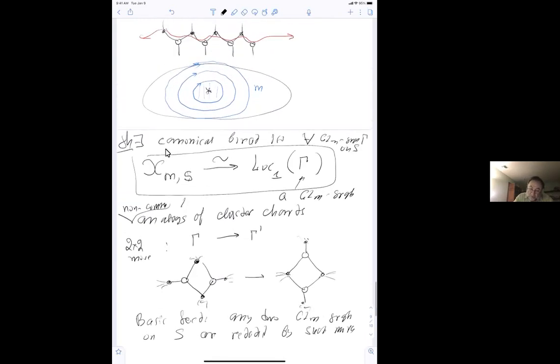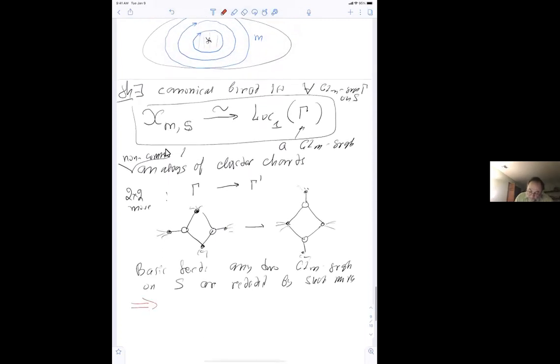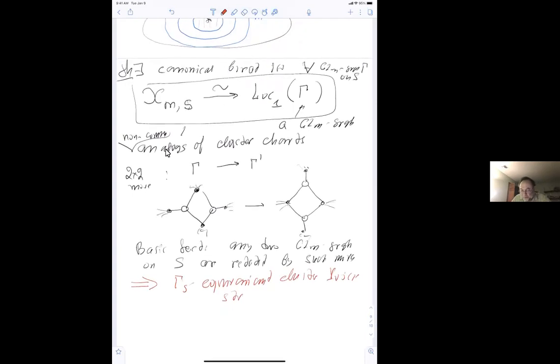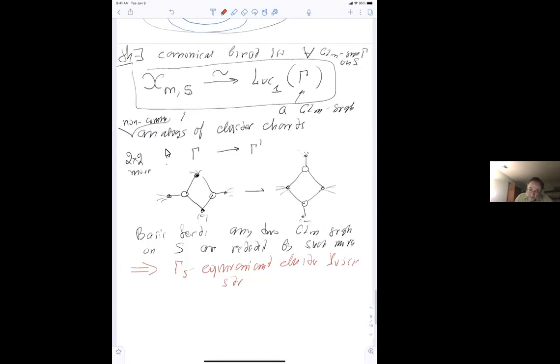So this implies the main thing. This implies that we get an equivariant cluster Poisson structure. The one thing which I did not explain to you, and am actually not going to explain in this particular setup, is the birational map. This induces a birational isomorphism between one-dimensional local systems on gamma and one-dimensional local systems on gamma prime.